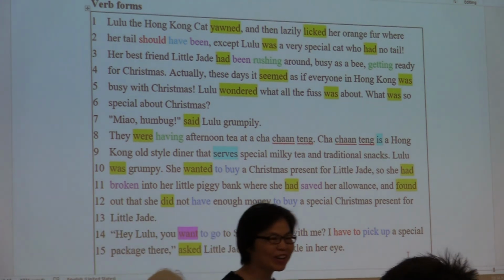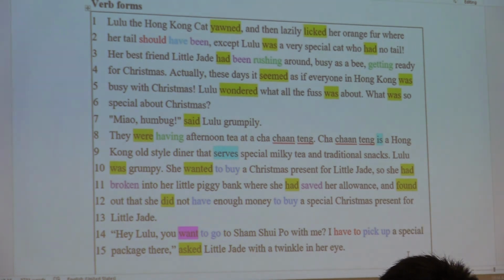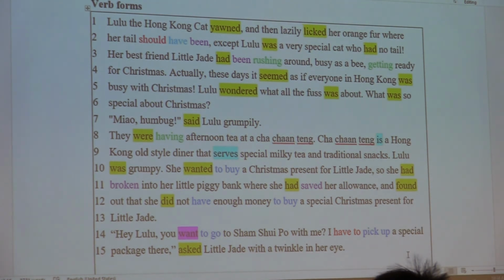Before this class, I have uploaded the exercise to Moodle. Right, so you have done these. Well, in terms of the structure, we can find examples of those 6 verb forms. First, past tense. What is that? An example of a past tense verb form. Yawned, and also, for example, lit and was, right? So that's the past tense verb form. And how about any third person singular present tense? Third person singular present tense?